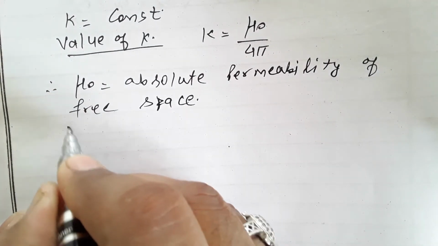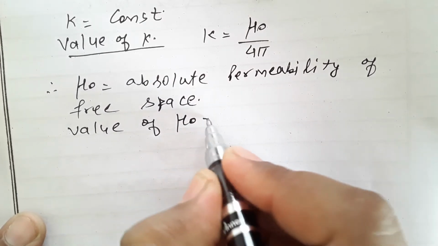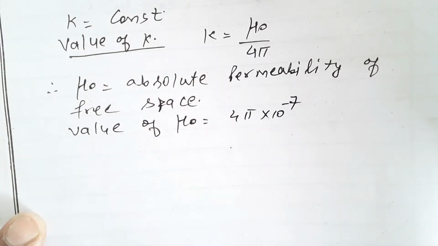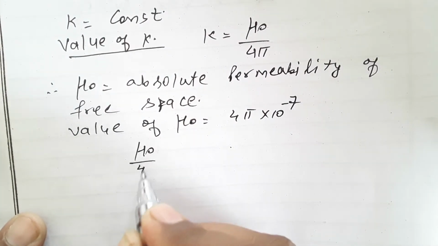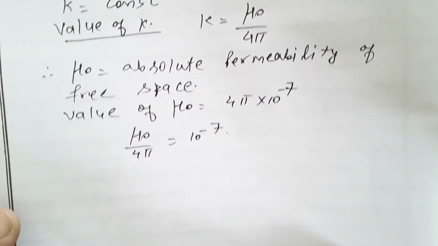The value of mu naught is 4 pi into 10 power minus 7. So mu naught upon 4 pi is equal to 10 power minus 7.